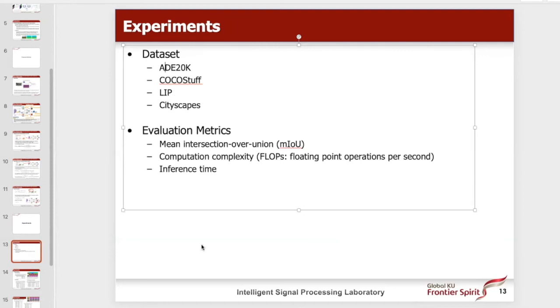For the evaluation metrics, the author adopts the most widely used mean intersection over union, mIoU. He also compares the proposed method with other methods in terms of FLOPs, the floating point operations, and finally the inference time.